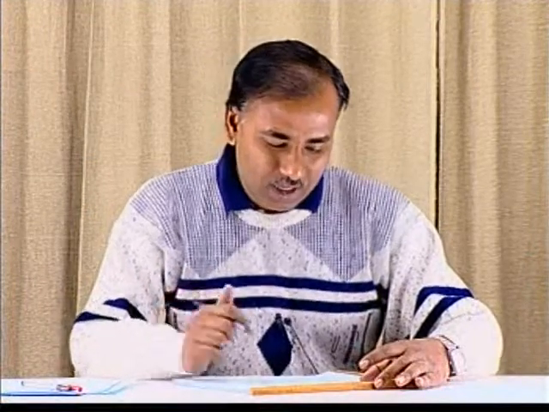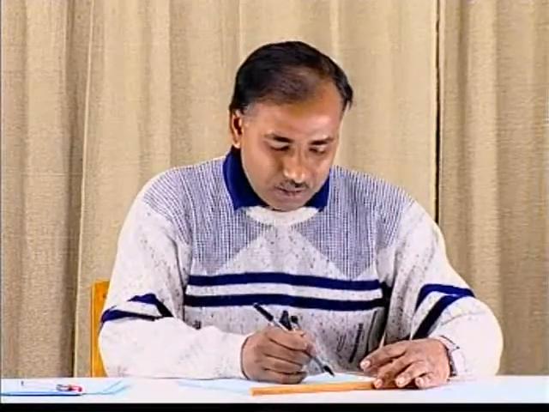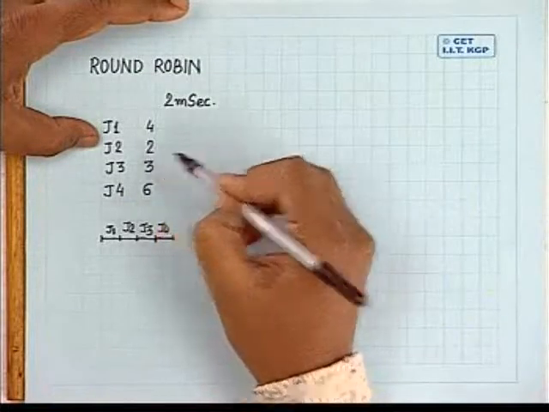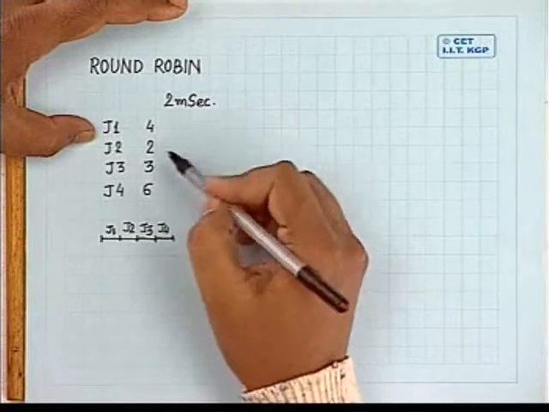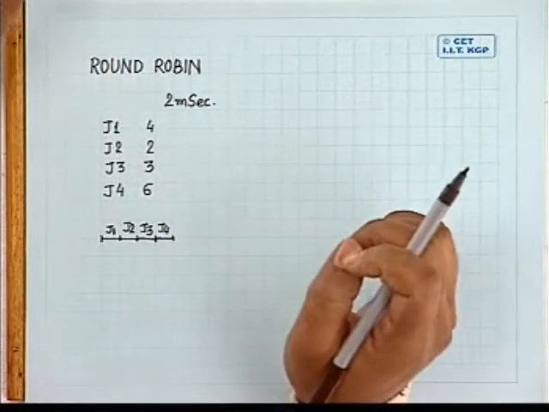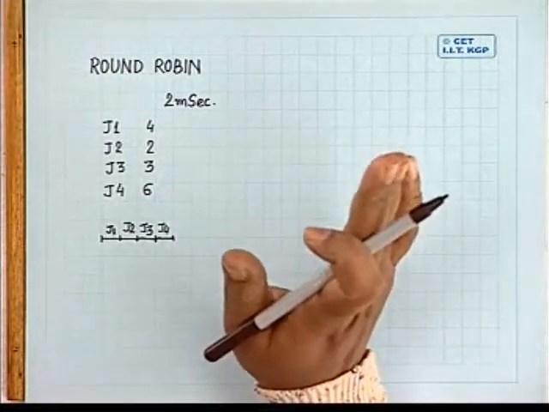Now in case job J2 completes the IO operation in between and comes back to the ready queue, the time when job J2 will be taken up for execution depends upon in which position in the ready queue job J2 has appeared. So when I come to the ready queue, I always take the job from the head of the ready queue.